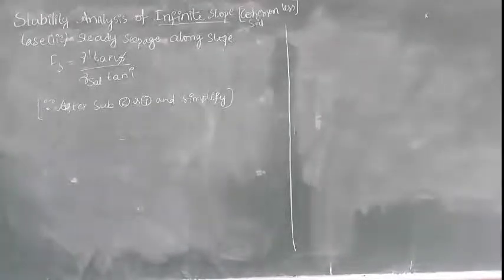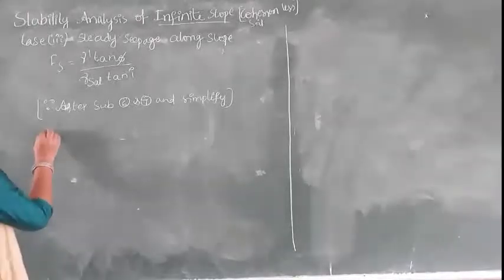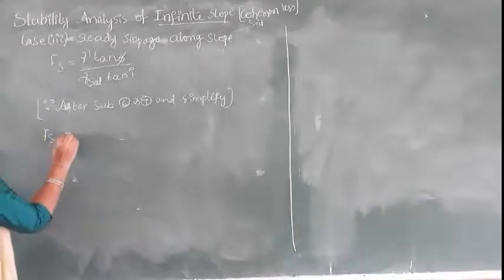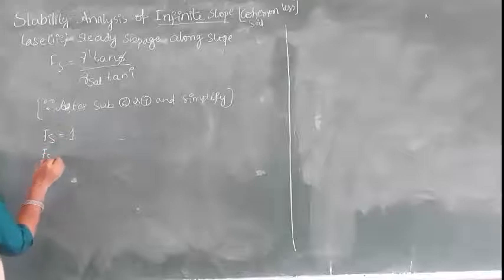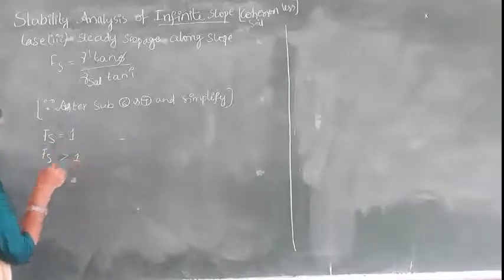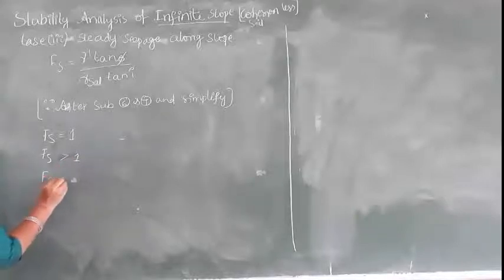So there are 3 factors of safety for 3 different conditions. Right? Now we will discuss some more conditions. If factor of safety is equal to 1, what is the situation? Factor of safety greater than 1. Factor of safety less than 1. Right?